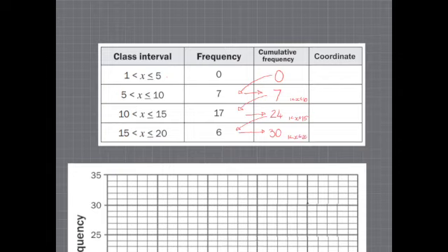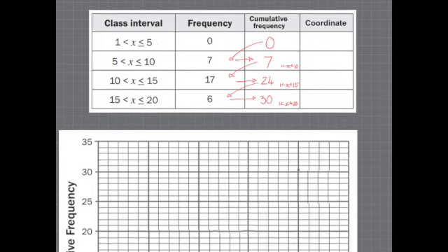So I said we're going to plot this onto the Cartesian plane, which means we need some coordinates. Now the x values are the values of the marks, and the y values are the frequency, or the accumulated frequency. We're going to take the last amount in each class interval as the x coordinate.